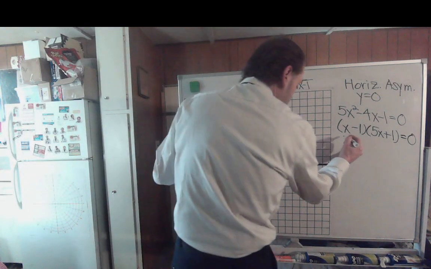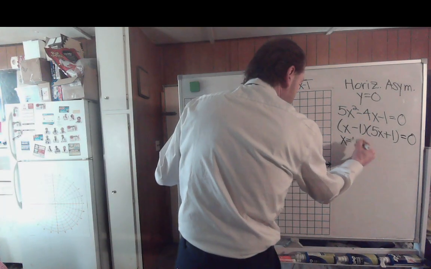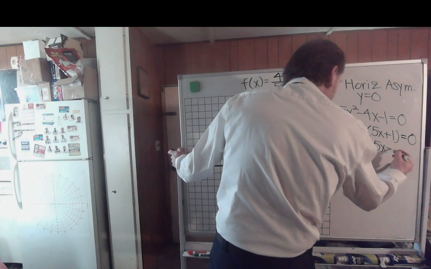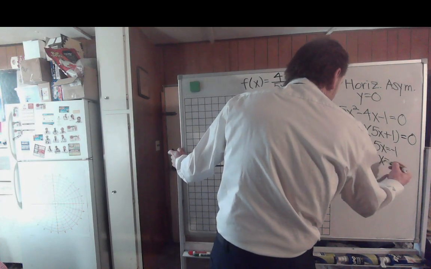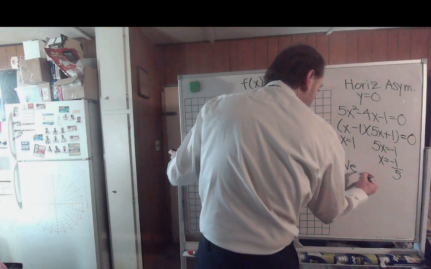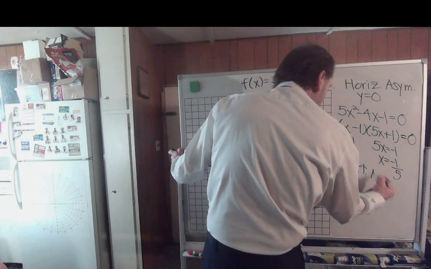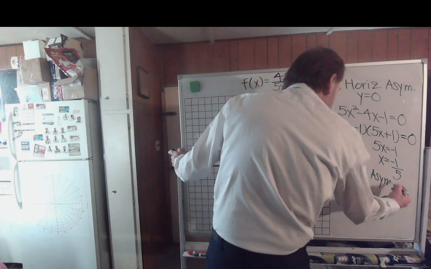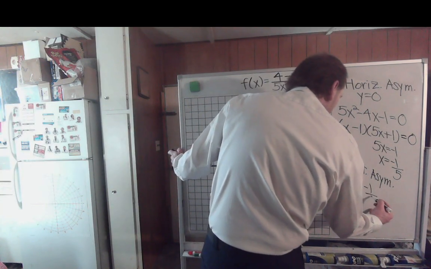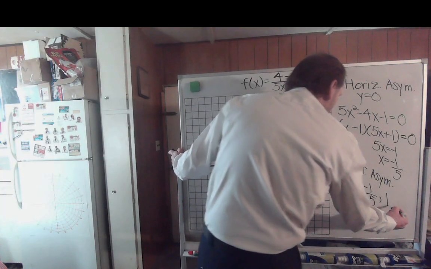Well, x minus 1 equals 0 would give us that x equals 1. And then 5x would equal negative 1, means x equals negative 1/5. So we actually have two vertical asymptotes again. Vertical asymptotes are at x equals negative 1/5 and positive 1.